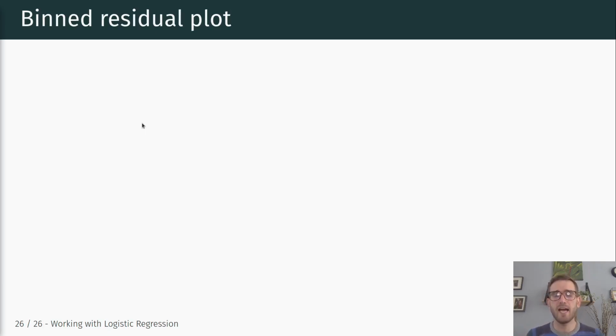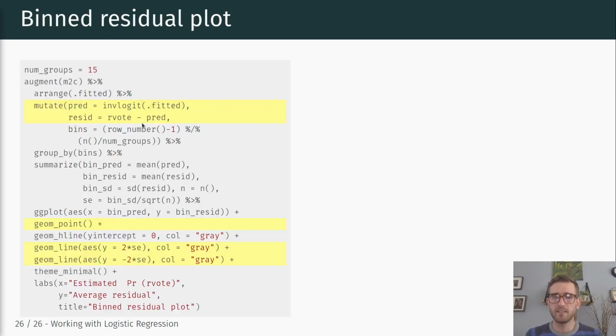And then we plot the average predicted probability as well as the average residuals for that bin. That gives us a plot that is, again, very similar to the original residual plot that we had in the linear regression example. And it allows us to evaluate deviations from our assumptions, or compare the fit of different competing models. Okay.